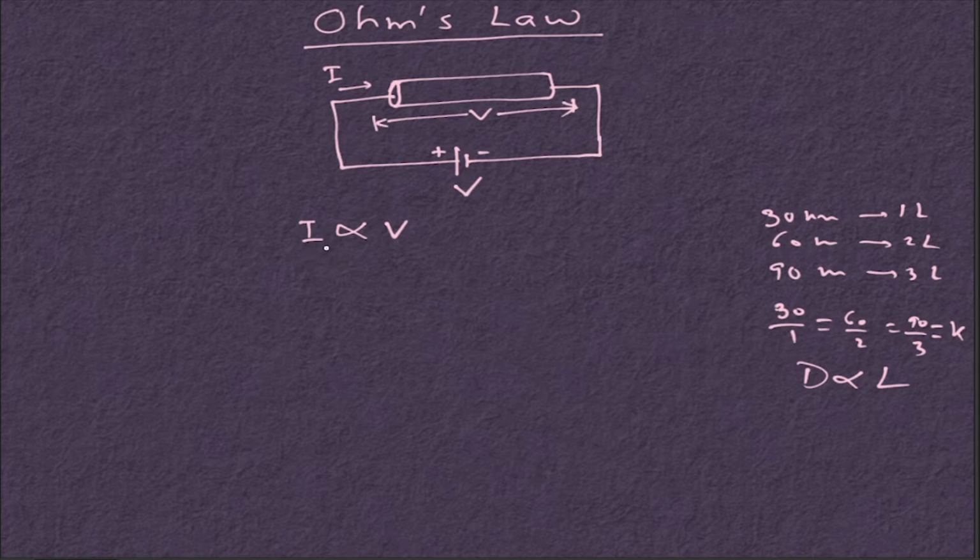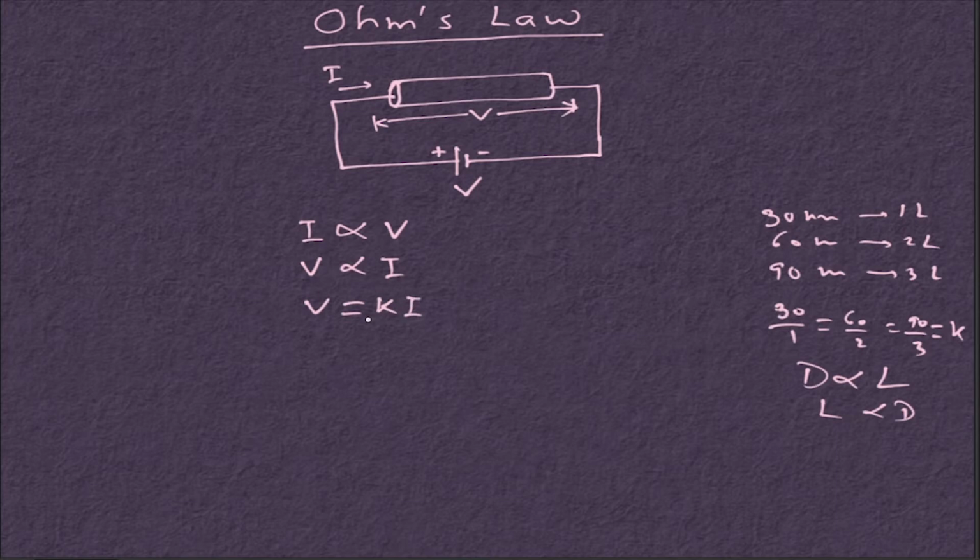So when I is directly proportional to V, we can also write V is directly proportional to I. You can see here 30 by 1 is equal to 60 by 2, or 1 by 30 is equal to 2 by 60. Distance proportional to liters means liters proportional to distance also. Similarly, we have written here. So removing this proportionality symbol, we can write V is equal to KI.